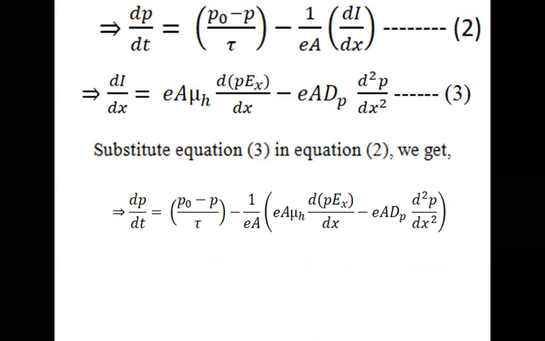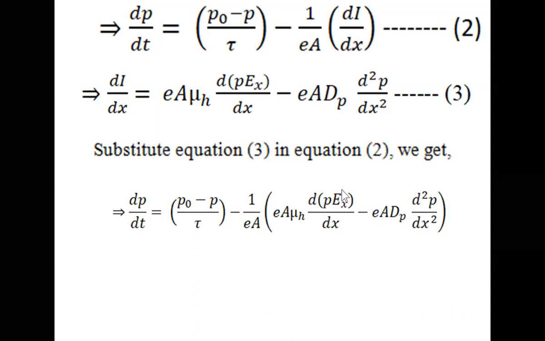Why we are calling it the equation of continuity is that it explains the conservation of charge. It considers all the processes that are present in transporting or continuing the charge within this particular block. That means either creation, generation, removal, or transportation, all that we have considered.